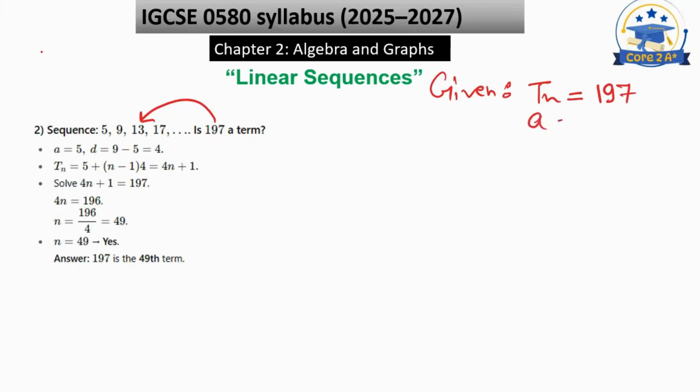Tn is 197. A is what? The first term is 5. Difference: 9 minus 5 is 4, right? And what is the position of 197? Just put the value and get the answer.